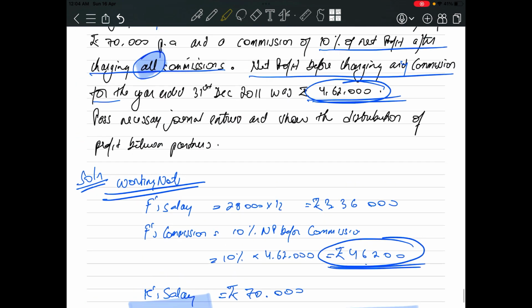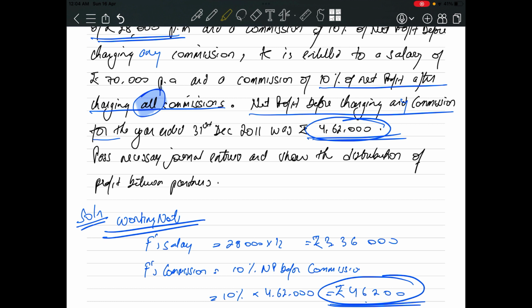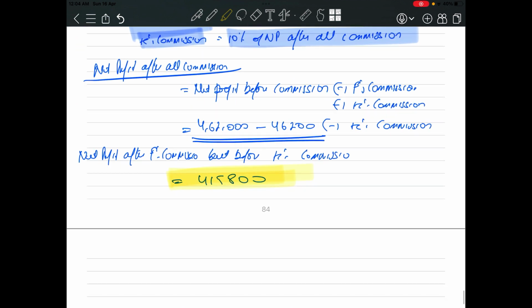Now, the question has given us that K is entitled to a salary and a commission of 10% of net profit after charging all commission. We have the net profit after charging F's commission, but we don't know the value of K's commission. Can I say this 415,800 includes K's commission?